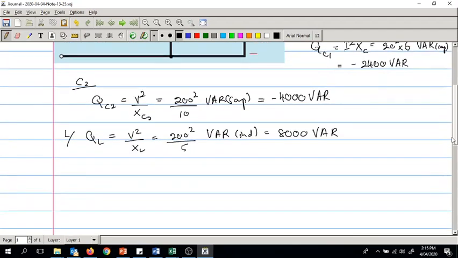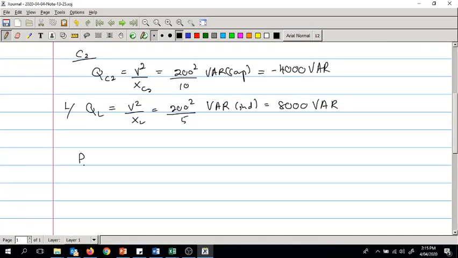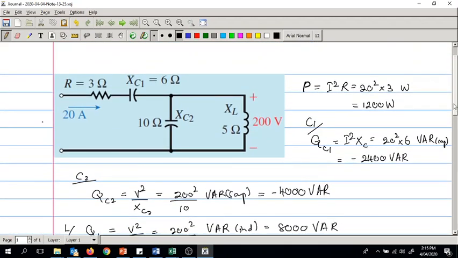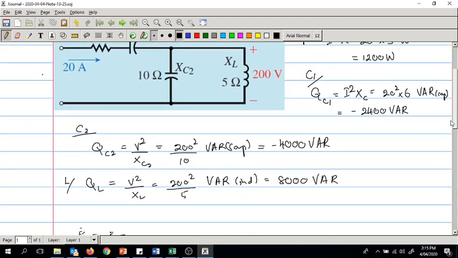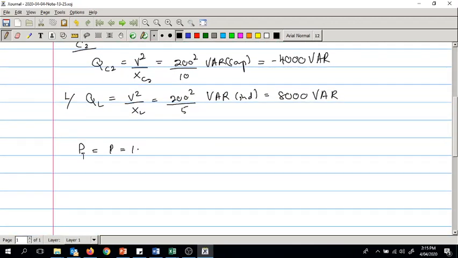Now PT, the total power, is equal to P, because we have only one component that actually consumes real power, which is 1200 watts. Now QT is the addition of each Q value. So QT is QC1 plus QC2 plus QL.